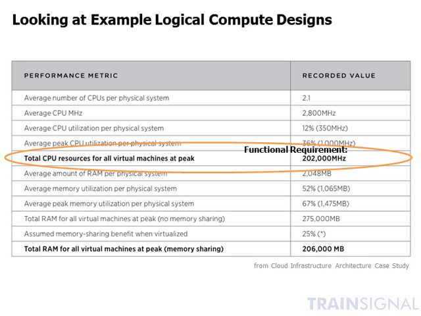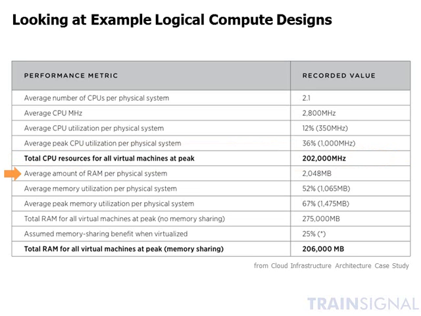In the same manner, we take a look at the RAM statistics that were gathered: average amount of RAM per system, average and peak memory utilizations, total RAM, and then here we see an example of assumed virtualization benefit, a memory sharing benefit of 25%. You'll note the asterisk there. The text of the document specifies that this number is deliberately kept low because the design assumes, keep in mind we have design factors, assumptions here, that guest operating systems running in this environment will leverage large page tables.